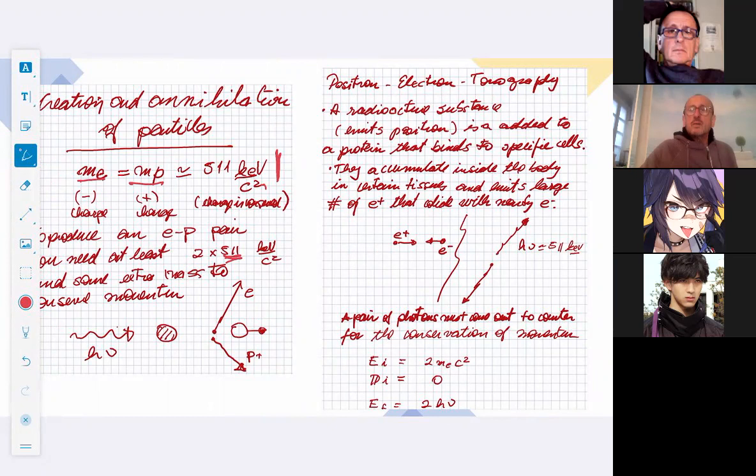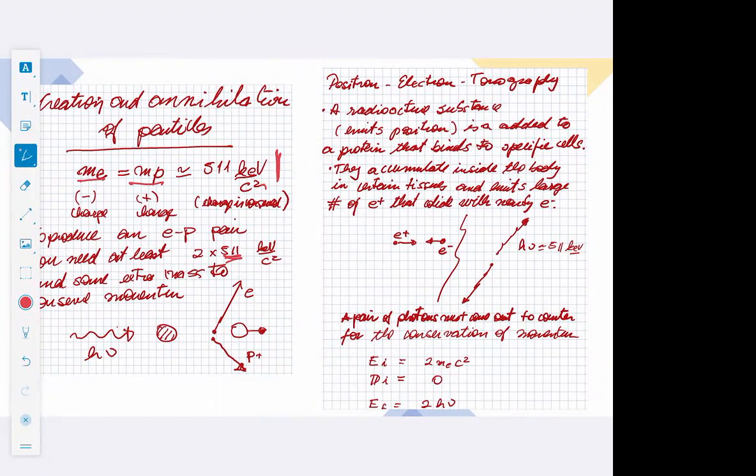Oh, wrong screen, okay. There's a nice technique that uses positrons and electrons to get images of biological processes inside human beings mostly. It's called PET, which stands for positron emission tomography. It's a tomography, which means it provides 3D images.